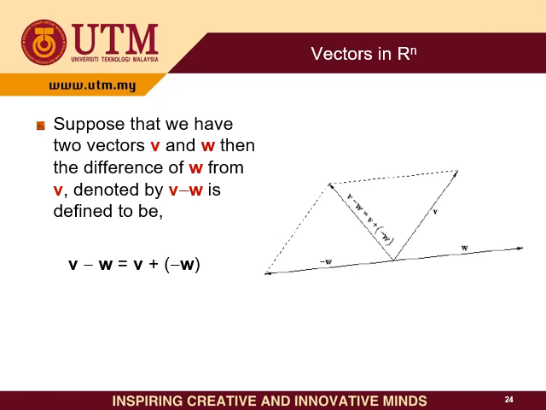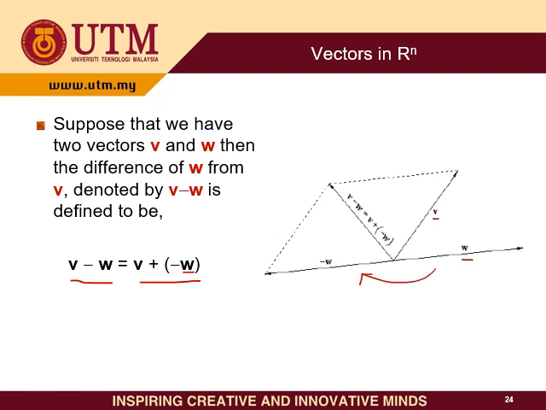Suppose that we have two vectors, v and w, so this is our v and this is our w. Then the difference of w from v, denoted by v minus w, is defined to be v minus w, which actually equals v plus negative w. So we know the negative of w should be the opposite, right?